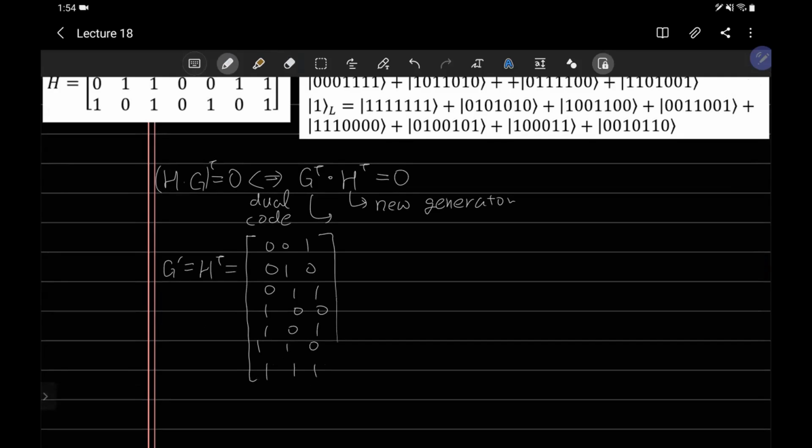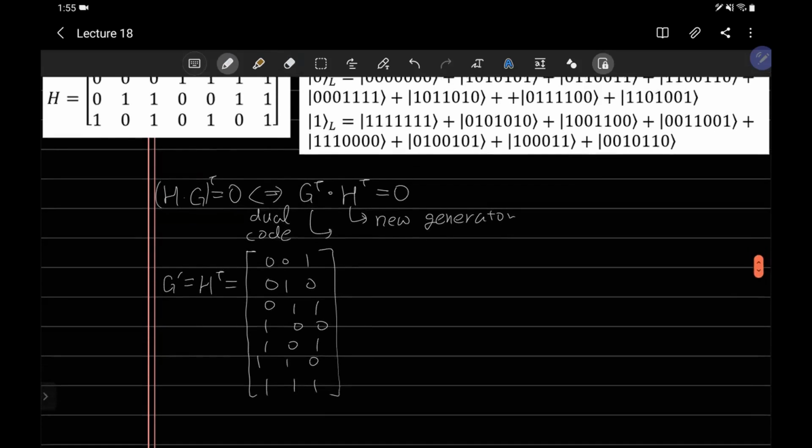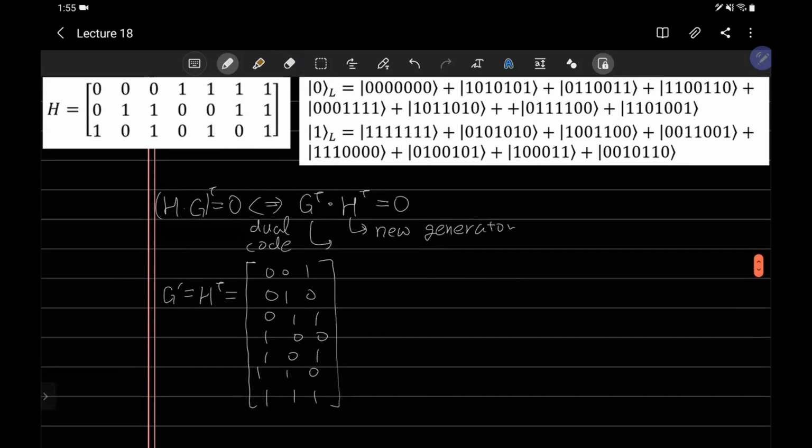From this, now we can consider generating a new code. Because now it is a 7 by 3 matrix, we can consider generating a new dual code using this as a new generator, and we would obtain something like this.